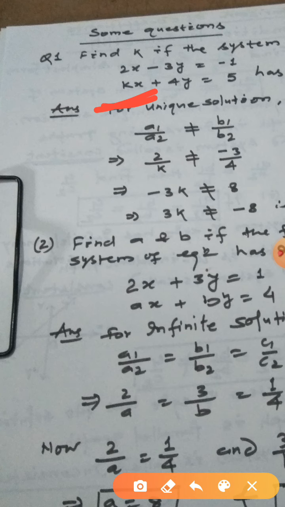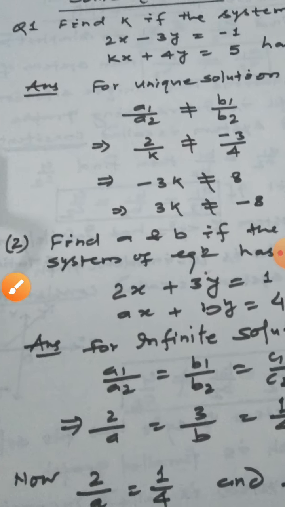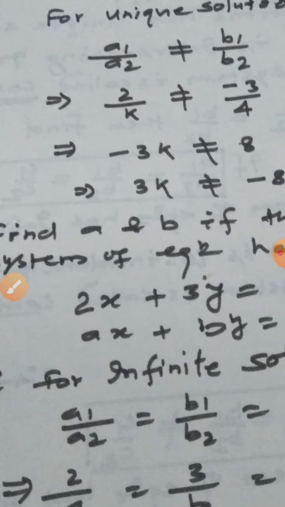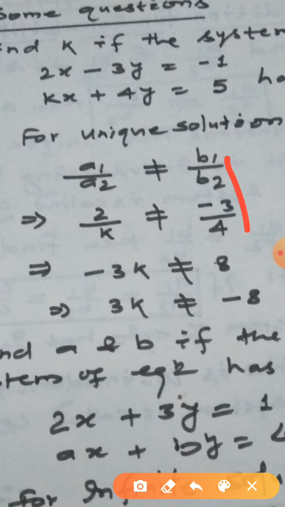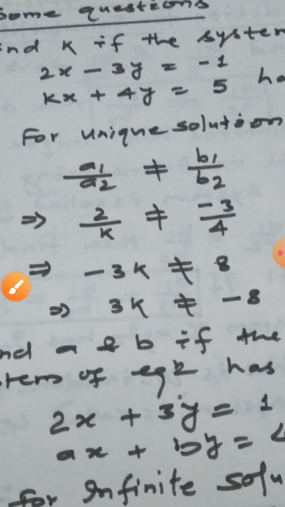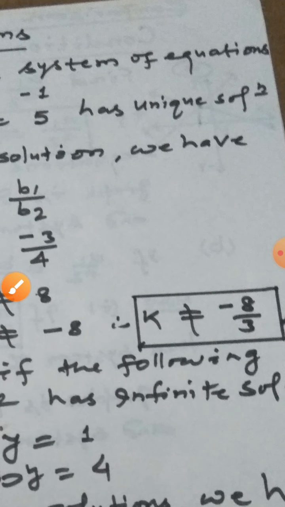So we will write it in this way: for a unique solution we know a1 by a2 is not equal to b1 by b2. Putting these values we get 2 by k is not equal to minus 3 by 4. Okay, so by cross multiplication minus 3k is not equal to 8, or we can transpose the minus sign towards the right side, so 3k is not equal to minus 8, and hence k is not equal to minus 8 by 3.